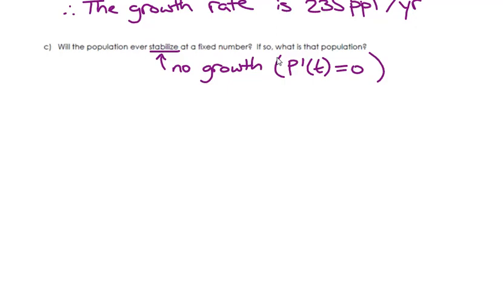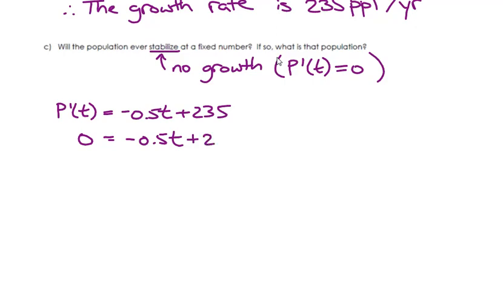Our function before, let me pull it out again. P prime t is equal to negative half t plus 235. We're going to set that equal to zero so that there is zero growth, as in it's stable. Then we're going to solve for the time and see if there is a certain number of years that go by where this zero growth rate exists.